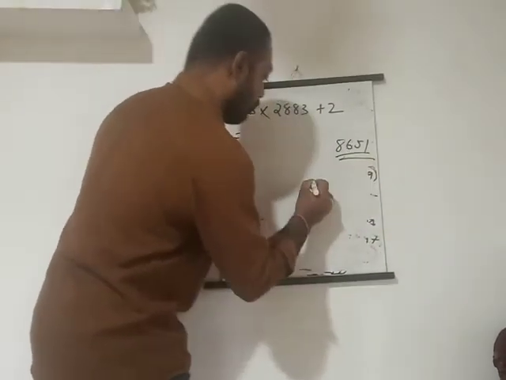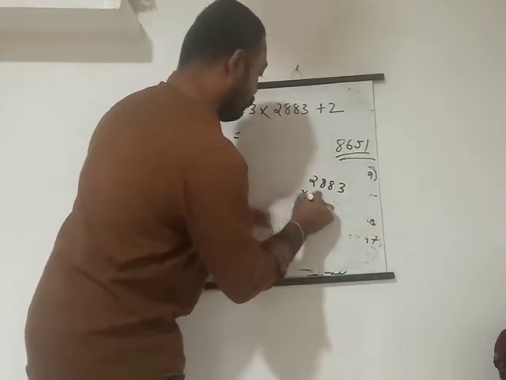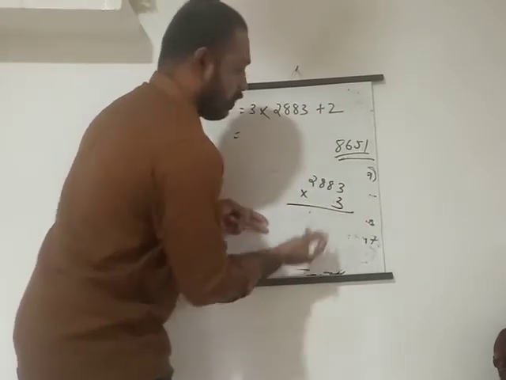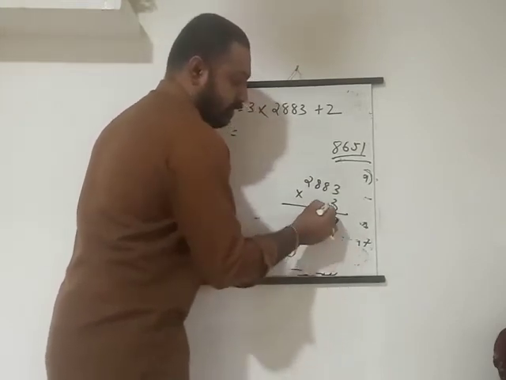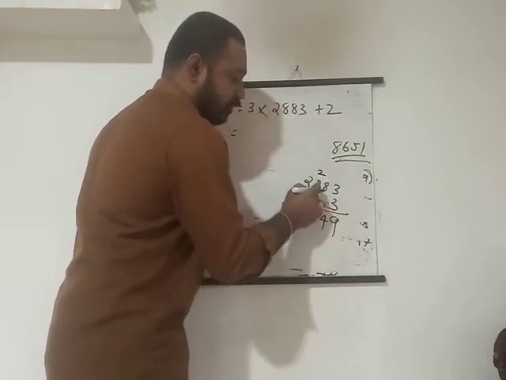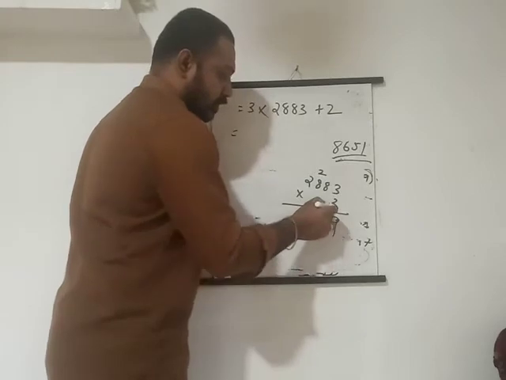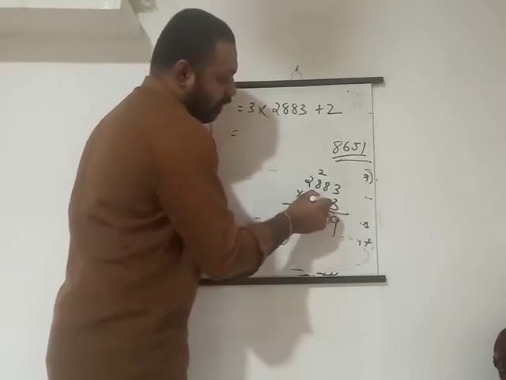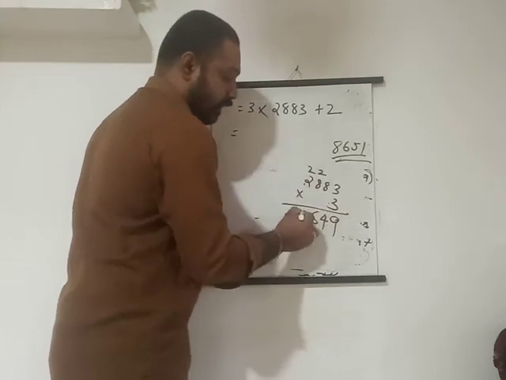So I'm multiplying here. 3 3s are 9. 3 8s are 24, carry over 2. 3 8s are 24 plus 2 is 26, carry over 2 again. 3 2s are 6, 6 plus 2 is 8.